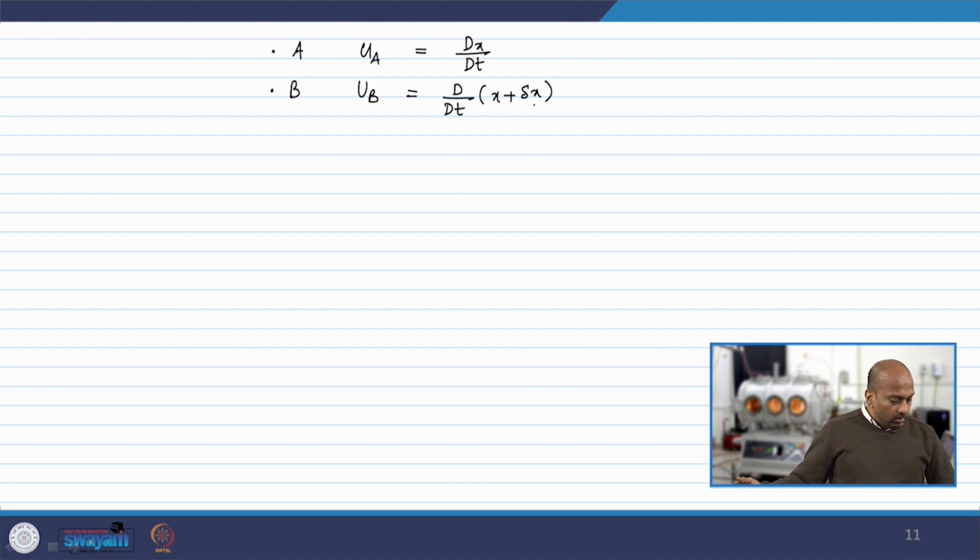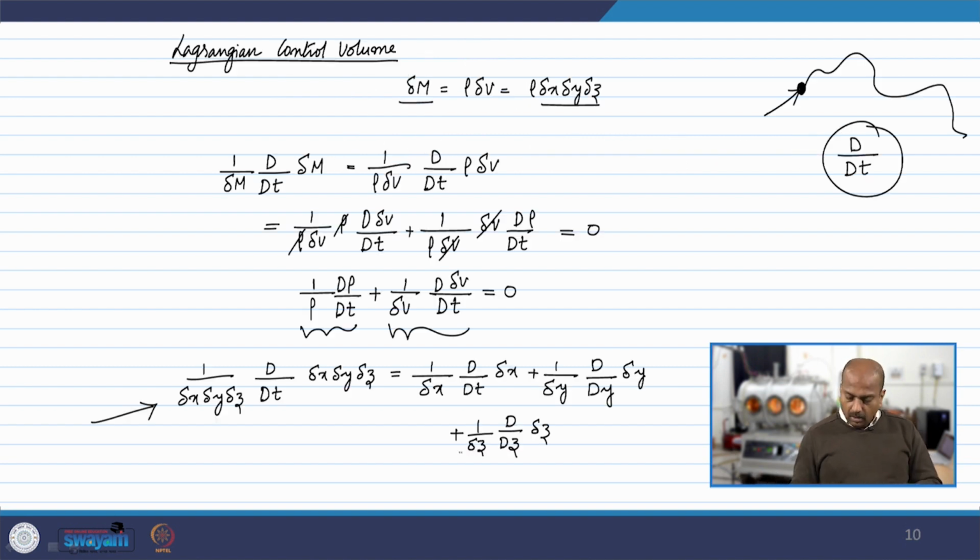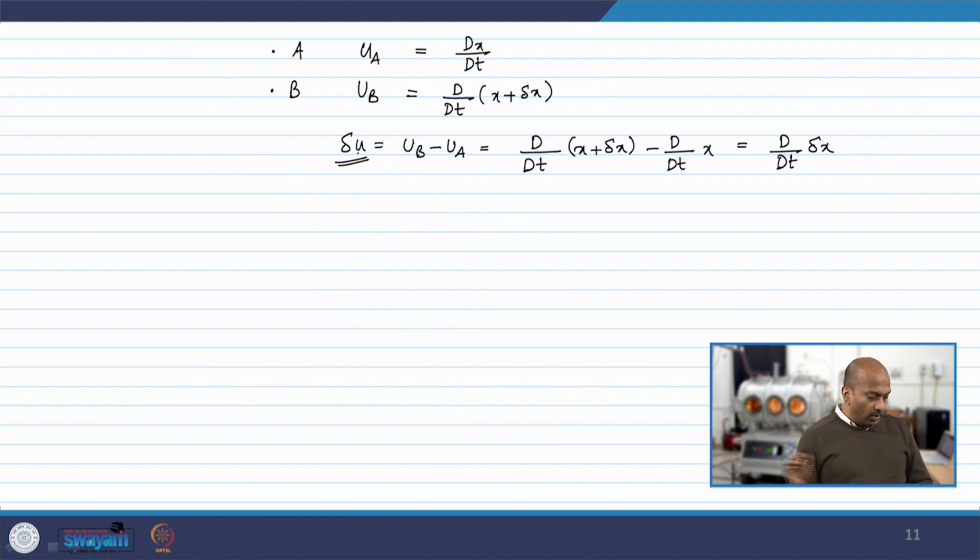So, delta u, the change in the velocity, is nothing but ub minus ua, which is basically d by dt of x plus delta x minus d by dt of x, or we can write it as d by dt of delta x. The point is, I am going to call this one as delta u.